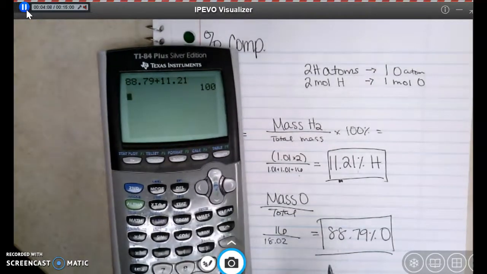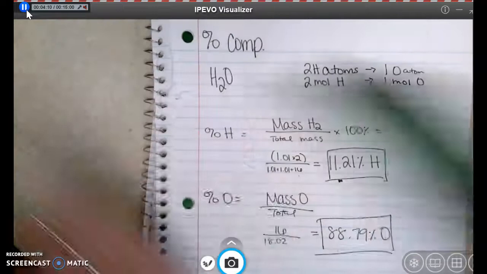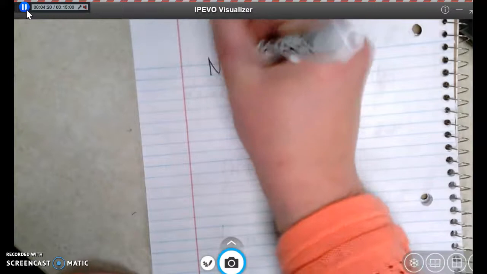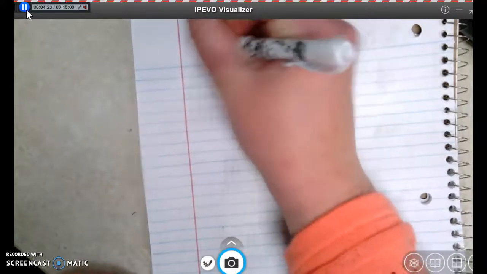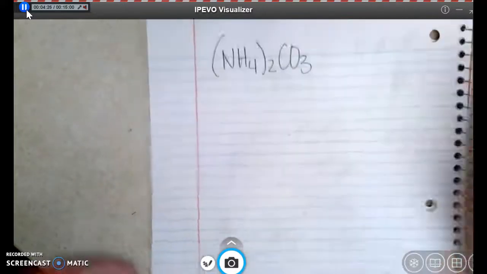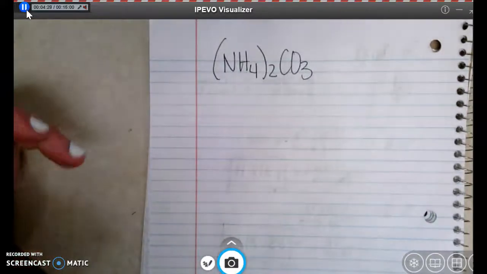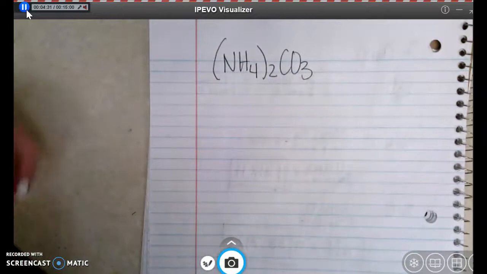Okay, let's do one that's a little more complicated. Let's find the percent composition for all of the elements in this compound. I have this big compound here, and I want to figure out how much each individual element contributes to the mass.